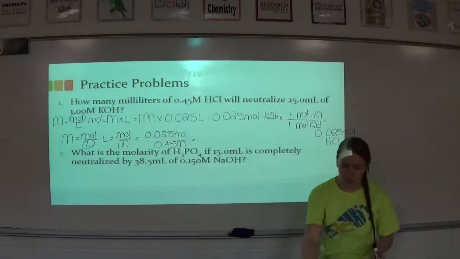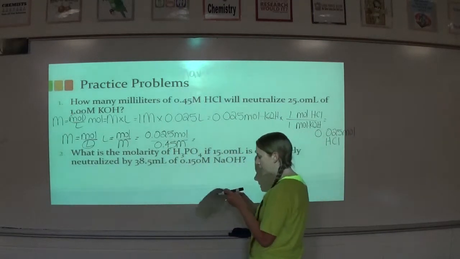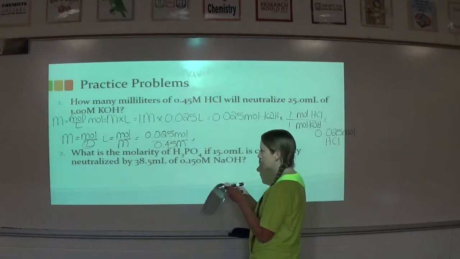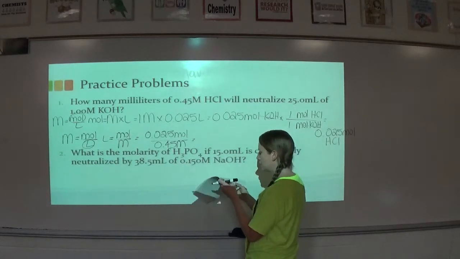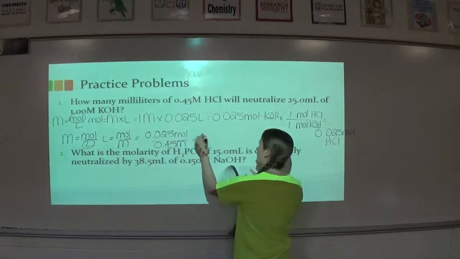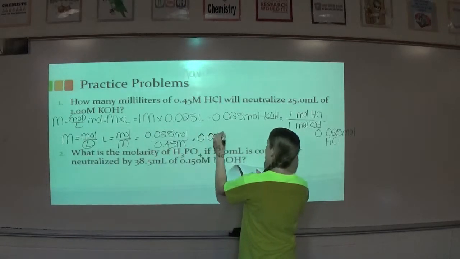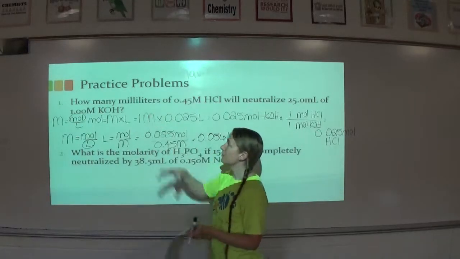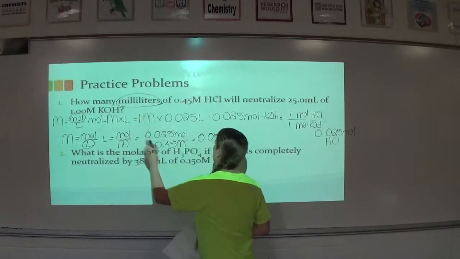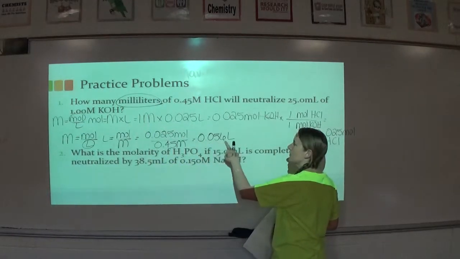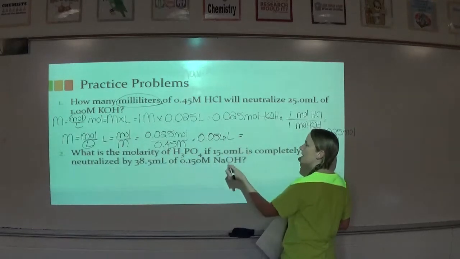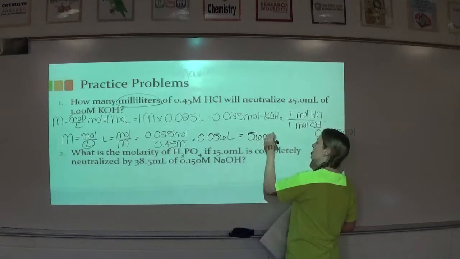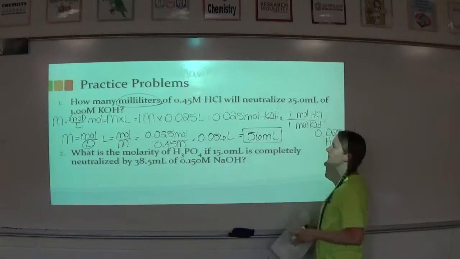Once I divide and solve that, I end up with 0.056, but my unit here is going to be liters. But what did they ask me for? Well, they asked me for milliliters, so I'm going to have to take my decimal and move it over 3 places or multiply by 1,000, and that gives me 56 milliliters.